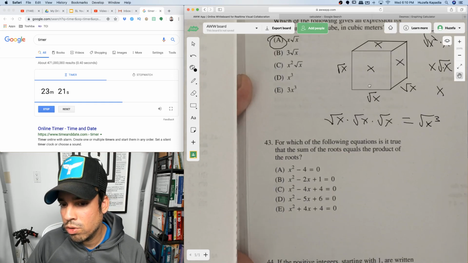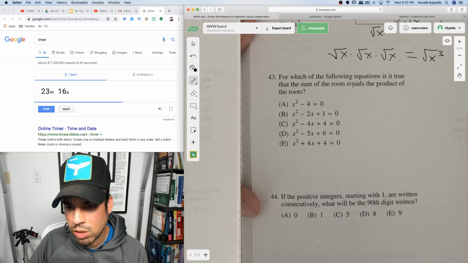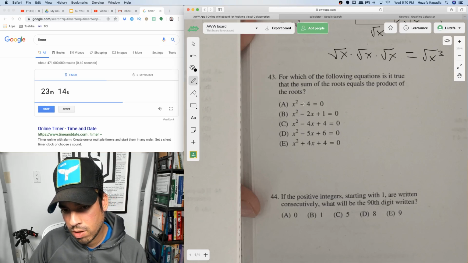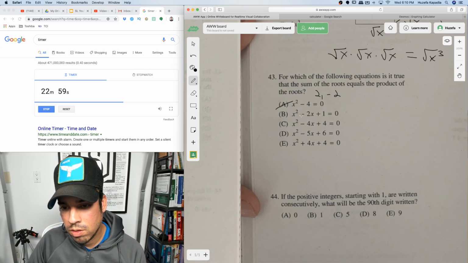For which of the following equations is it true that the sum of the roots equals the product of the roots? Roots here are 2, negative 2. Nope. That would be 0, and then it would be negative 4. This would be 1 and 1.